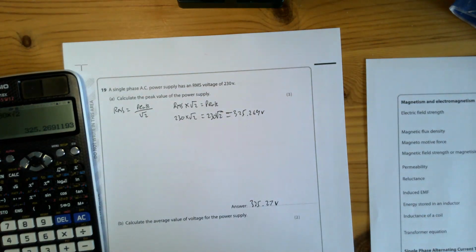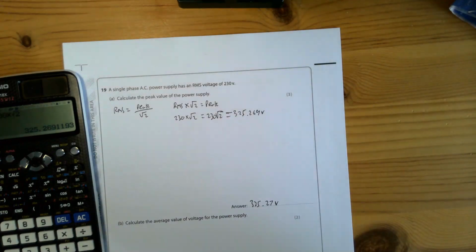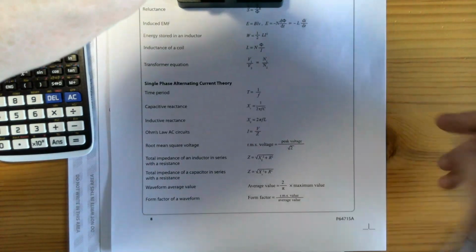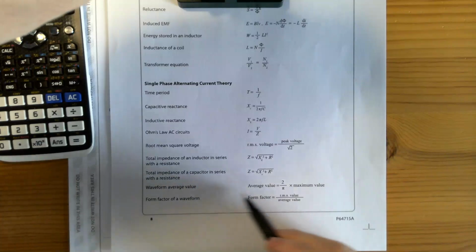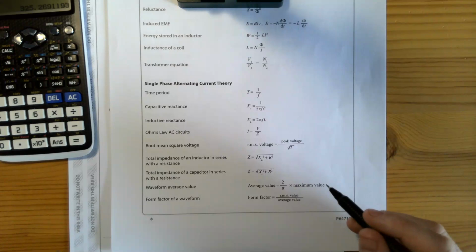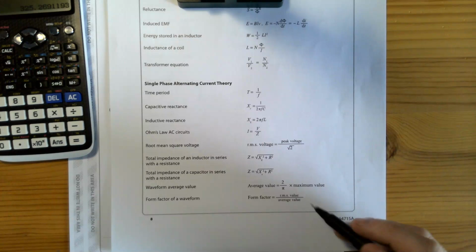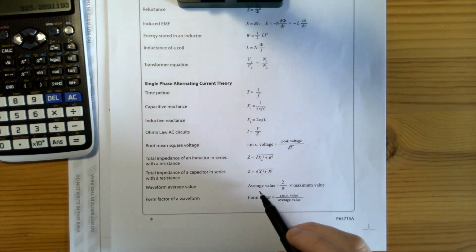Calculate the average value of voltage for the power supply. We've got a formula in here. Now, this formula refers to either voltage or current, depending on what the question is, but it's asking for the waveform average value. Okay, if you're putting in the max value of, say, voltage, which is, in other words, the peak value, then you're working out the average voltage.